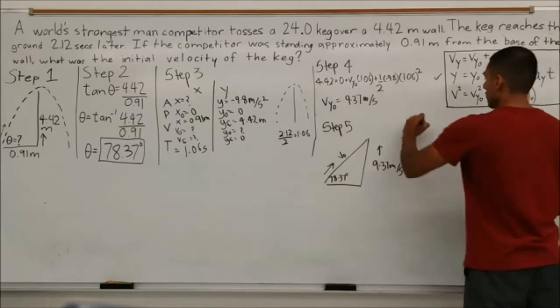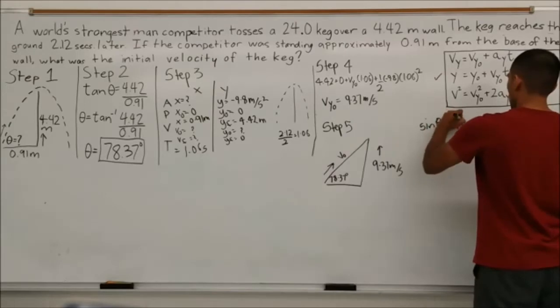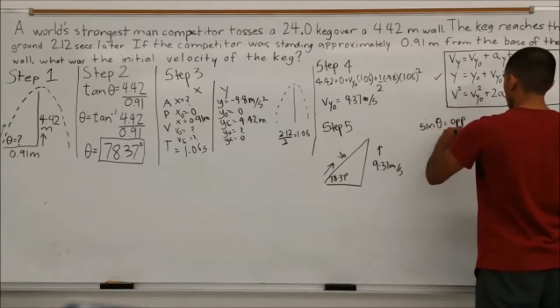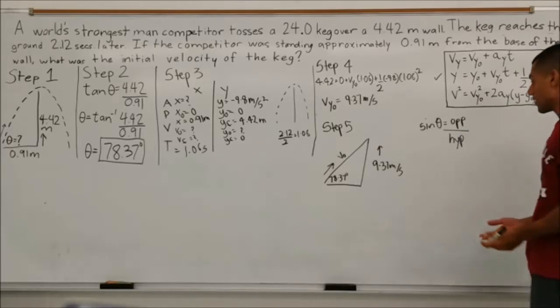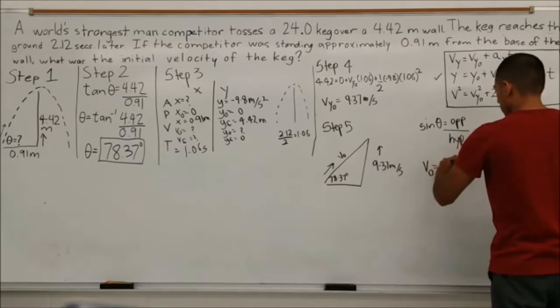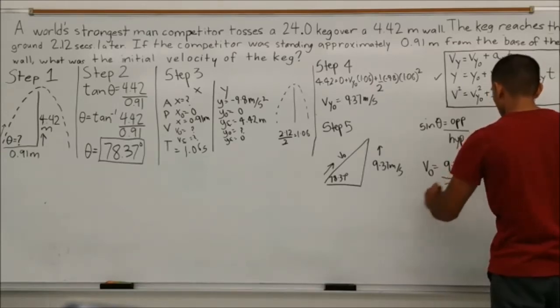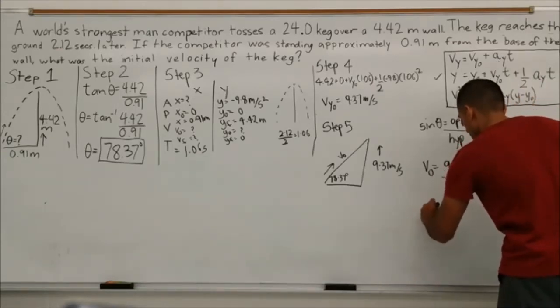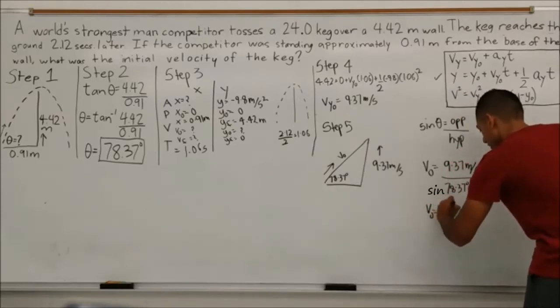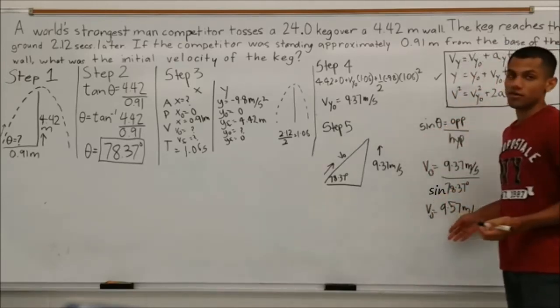So using sine theta equals opposite over hypotenuse, we can find our initial velocity. So initial velocity equals 9.37 meters per second over sine of 78.37 degrees. So the initial velocity will be 9.57 meters per second. So the keg was tossed at an initial velocity of about 9.5 meters per second.